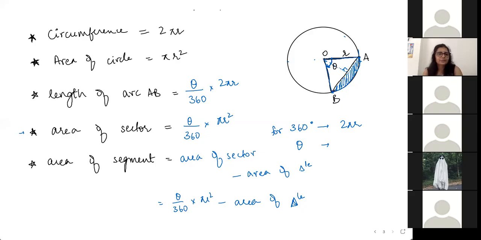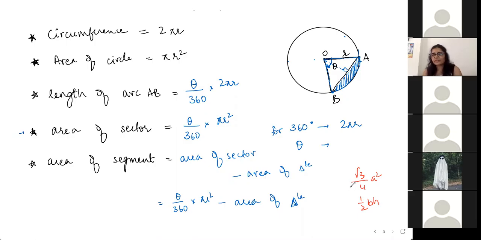Do you guys remember the formula for the area of an equilateral triangle? Yes. Ma'am, root 3 a square upon 4. Absolutely. If it's an equilateral triangle, you can use root 3 by 4 a square. Half BH is another formula you can use. What is another way you can find the area of a triangle? Ma'am, from sides.